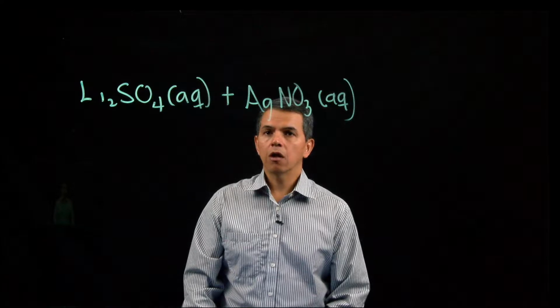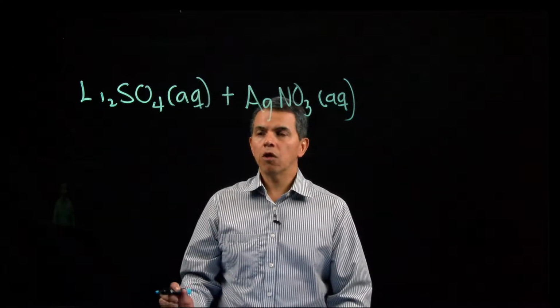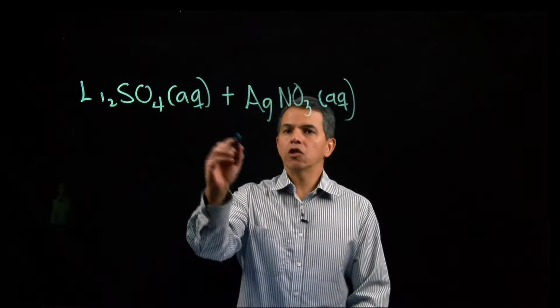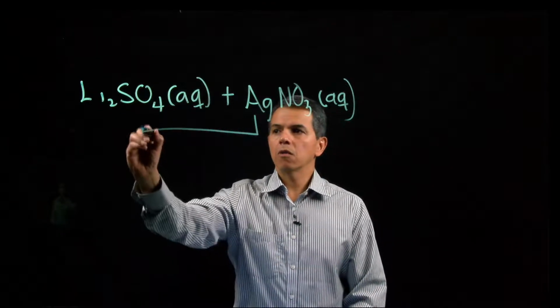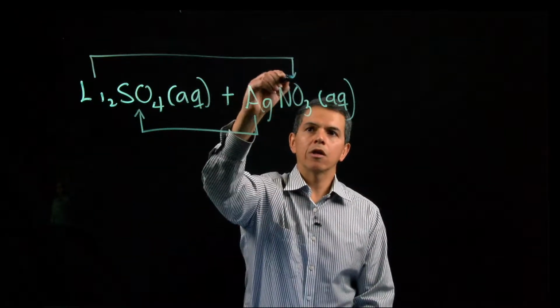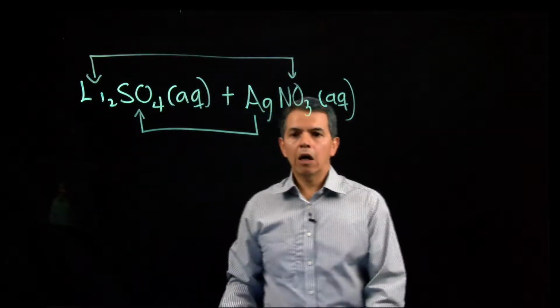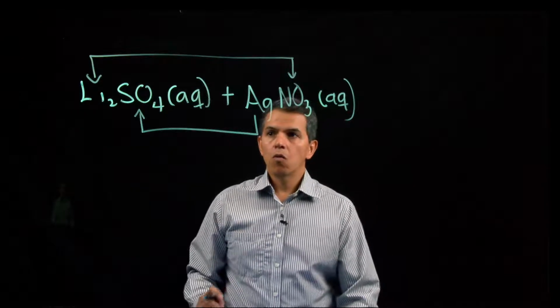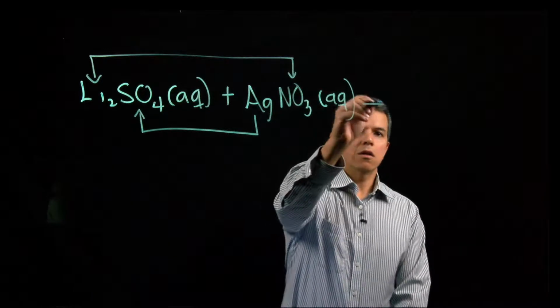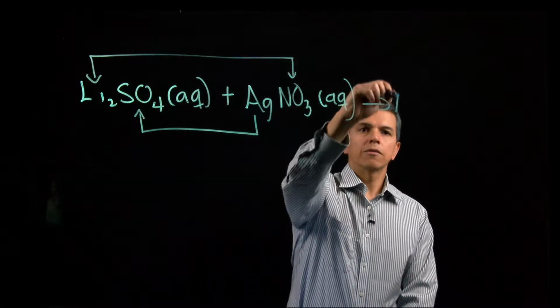So from the equation, we can imagine which combination will lead to a precipitate, and we can combine potentially silver with sulfate or lithium with nitrate. If we look at our table of solubility, we know that the likely precipitate is going to be silver sulfate.